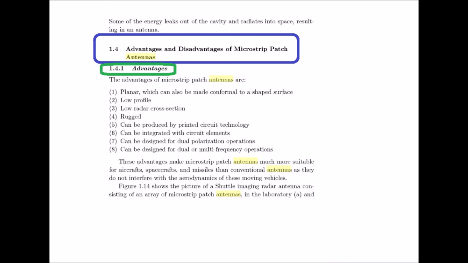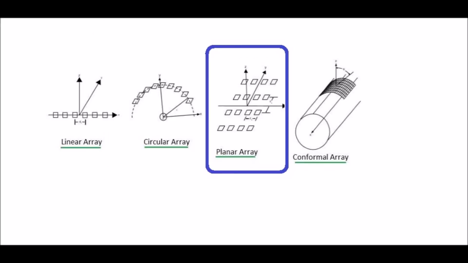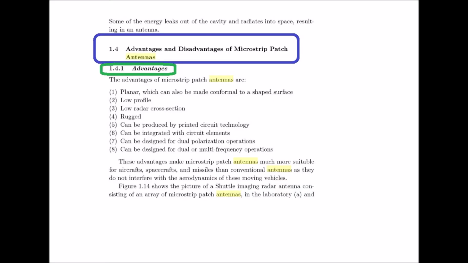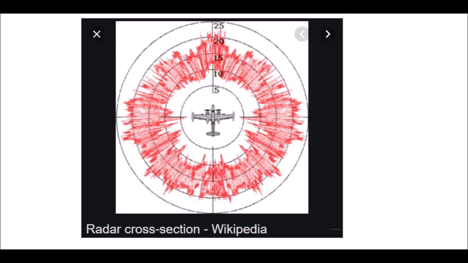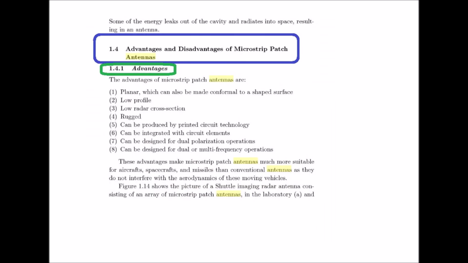The advantages of microstrip patch antennas are: number 1, planar, which can also be made conformal to a shaped surface. 2, they are low profile. 3, low radar cross section. 4, they are rugged. 5, they can be produced by printed circuit technology. 6, can be integrated with circuit elements. 7, can be designed for dual polarization operations. 8, can be designed for dual or multi-frequency operations.